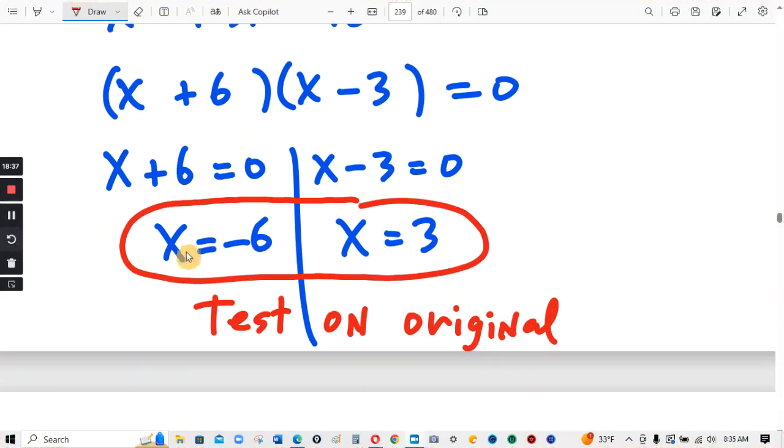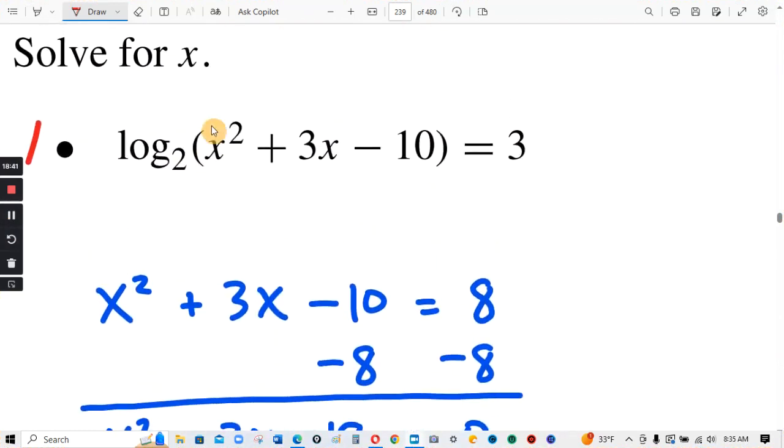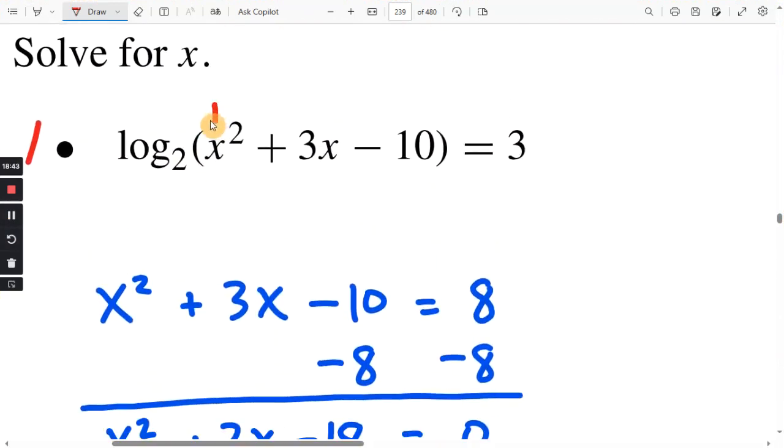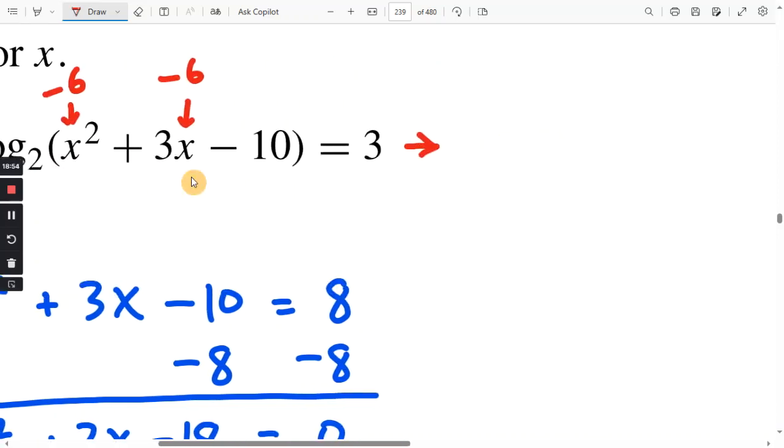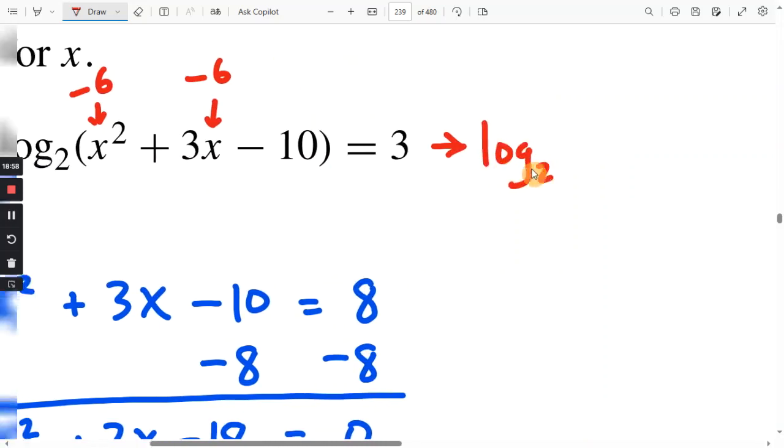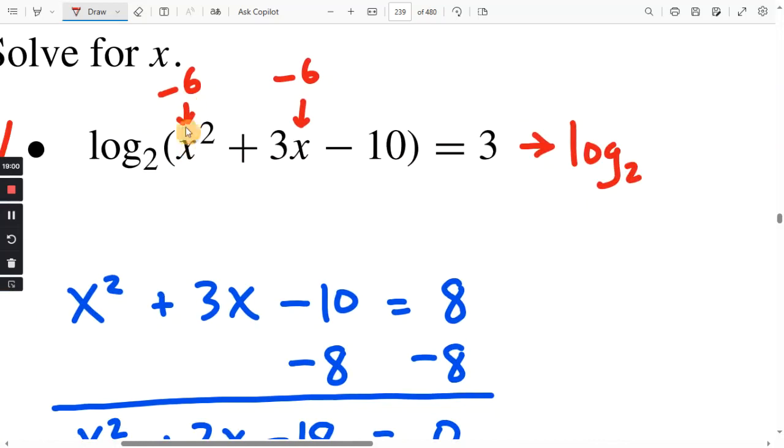All right, the first one is negative 6. Let's go back to the original function, and we're going to plug in negative 6 wherever we see an x. So let's see what happens here. We have log base 2, and this is negative 6 squared.